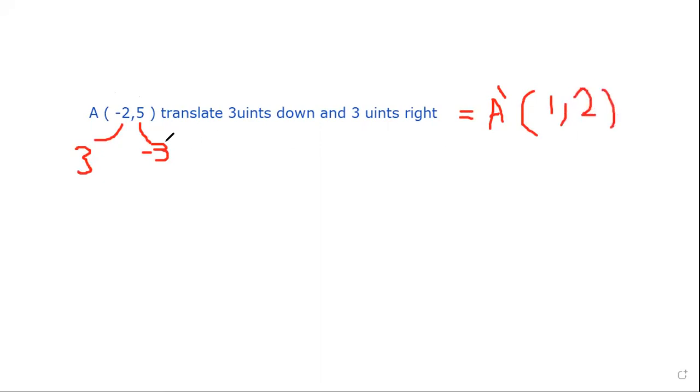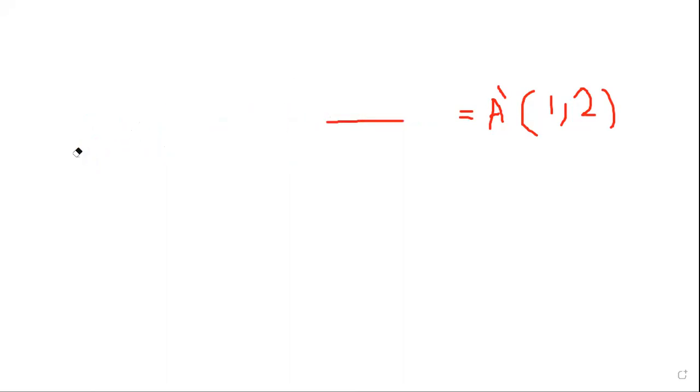So this is how we can translate if you give us the units to move along the x-axis or y-axis. He said 3 units down. So up and down means you are going to work with y. Right and left means that you are going to work with x.